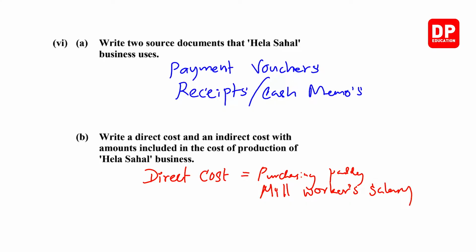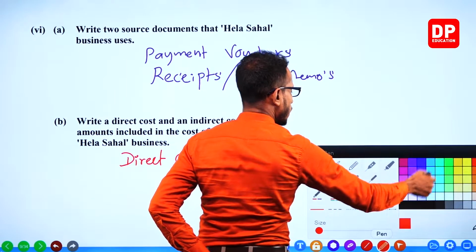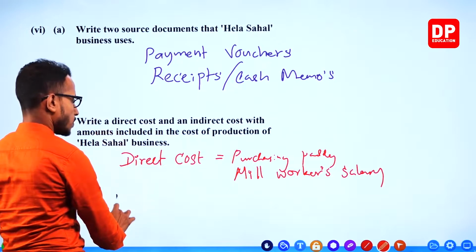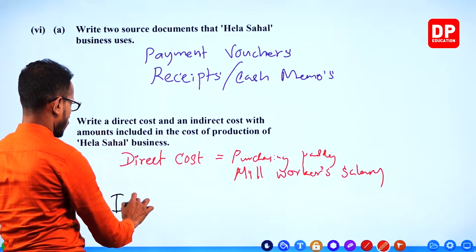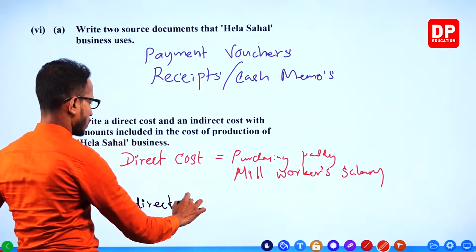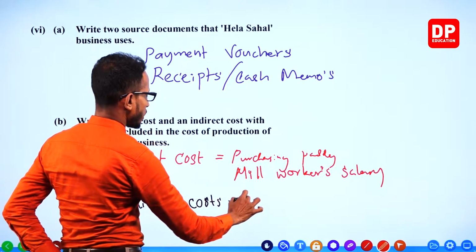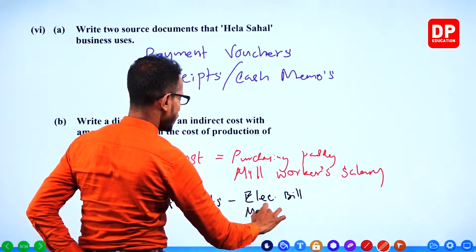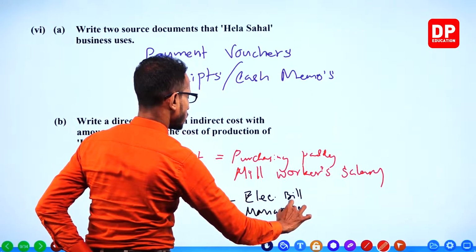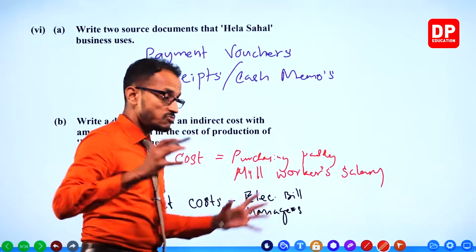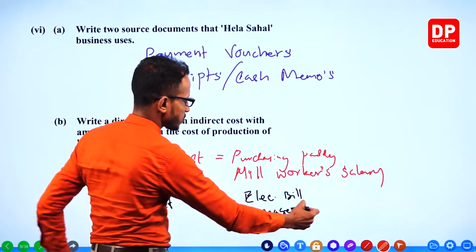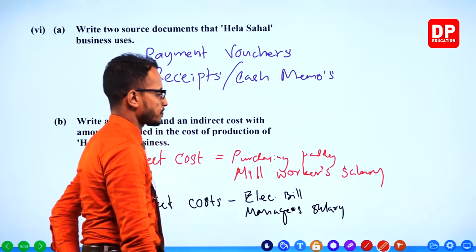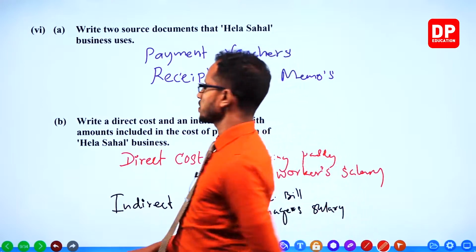That's a direct labor. Indirect costs: electricity bills, manager's salary. They are not workers directly involved hands-on in the production. Manager's salary. There we go. See, quick answers, right?